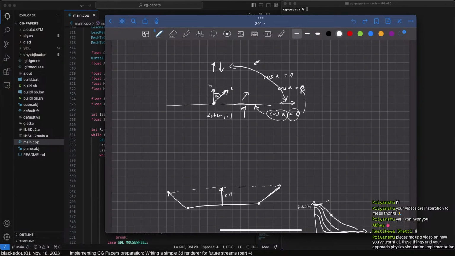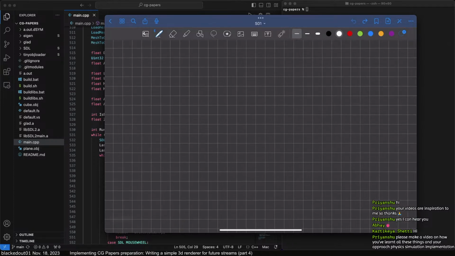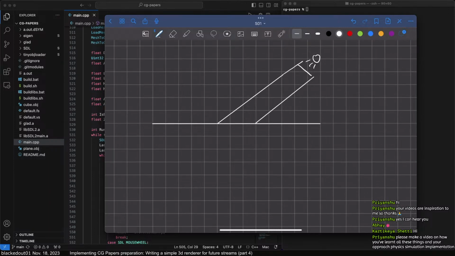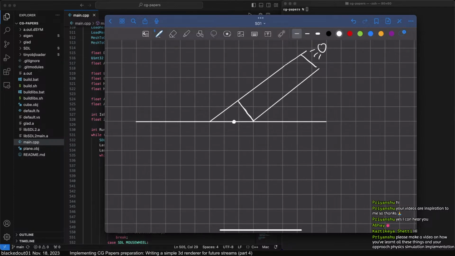I wasn't really sure how to do this, but I looked it up, and the way this works is we have a plane, and if you imagine that here is a light source, and here is a light that shines light in this direction.